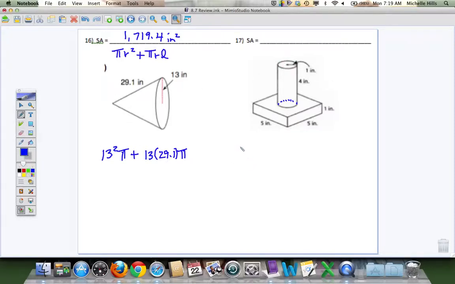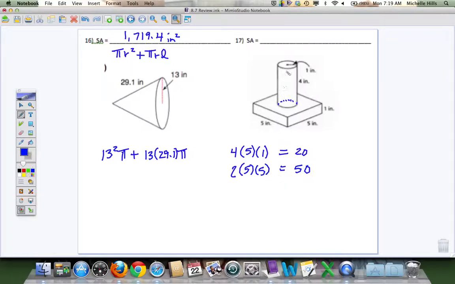So to find the area of the box, all four sides are congruent to each other because it's a square. So there would be four sides that are 5 inches by 1 inch. So that's just going to be 20. The top and the bottom of the box, there are two of those, and they are 5 by 5. So that's going to give me 50.